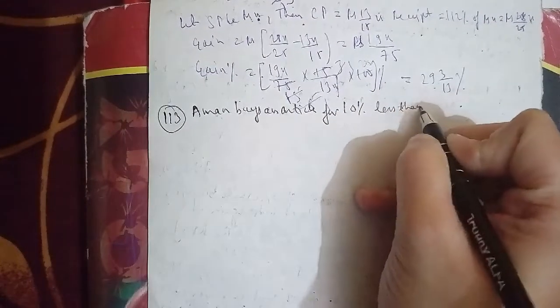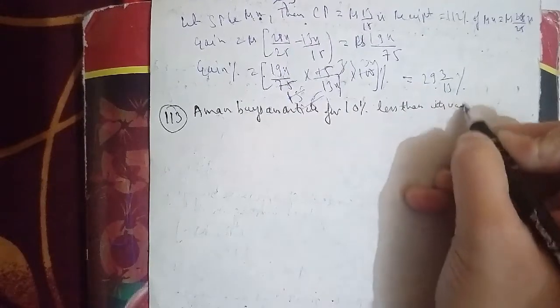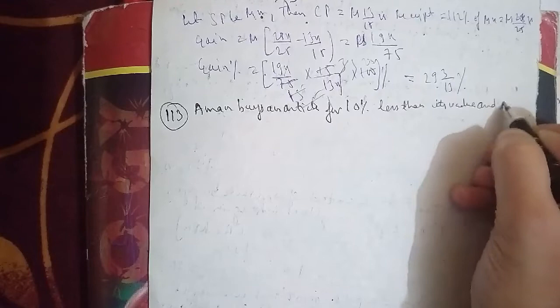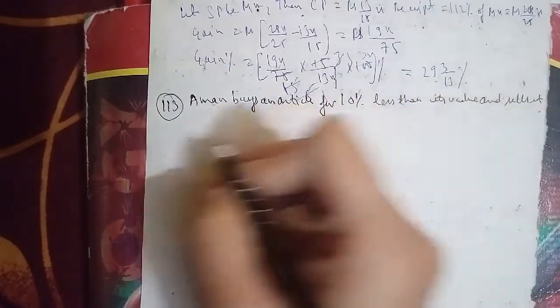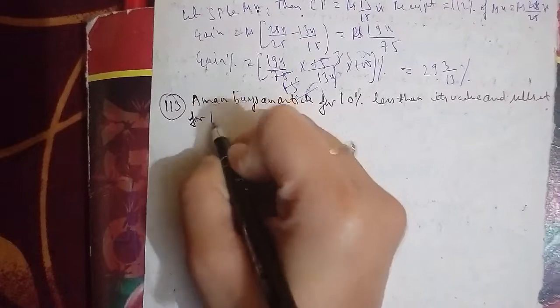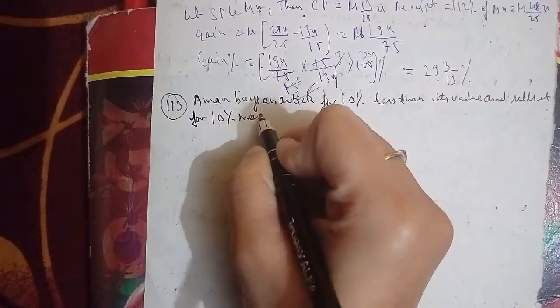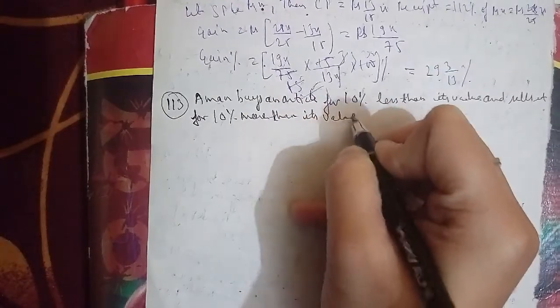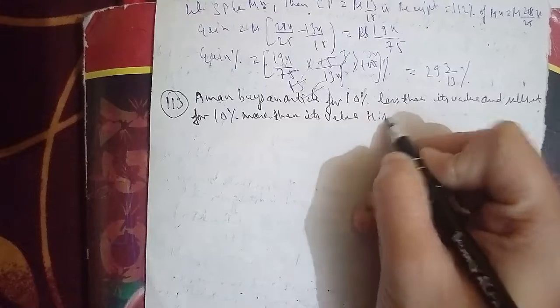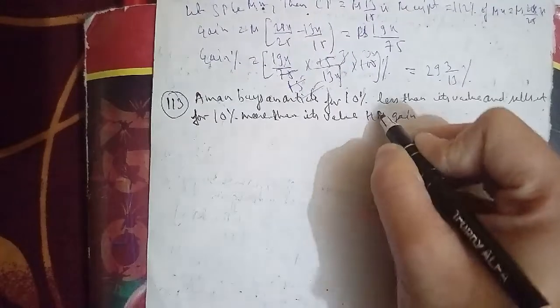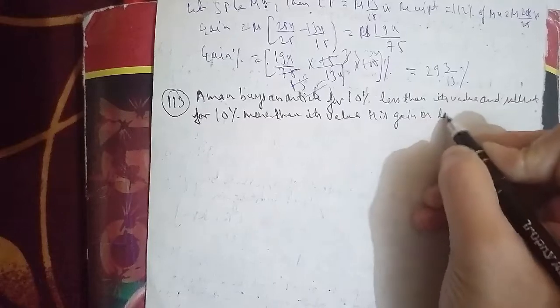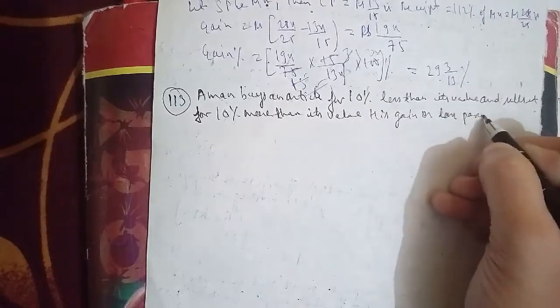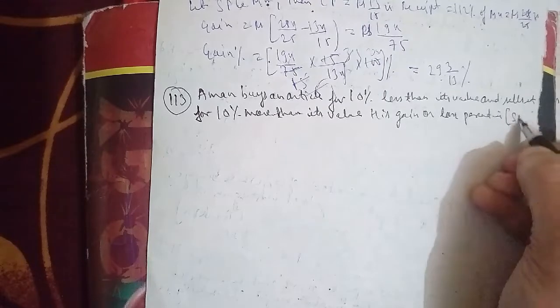Let the article be worth rupees X. Then CP equals 90% of rupees X equals rupees 9x upon 10, and selling price, that is SP, equals 110% of rupees X equals rupees 11x upon 10.